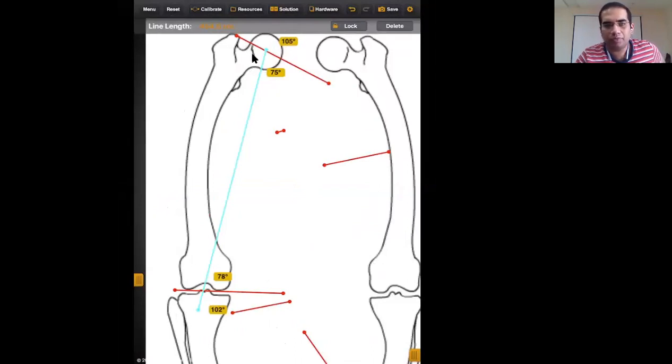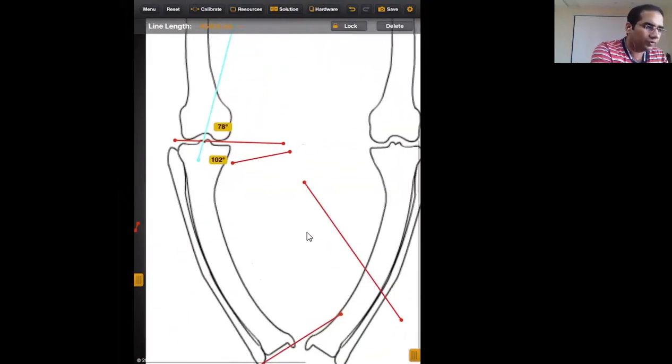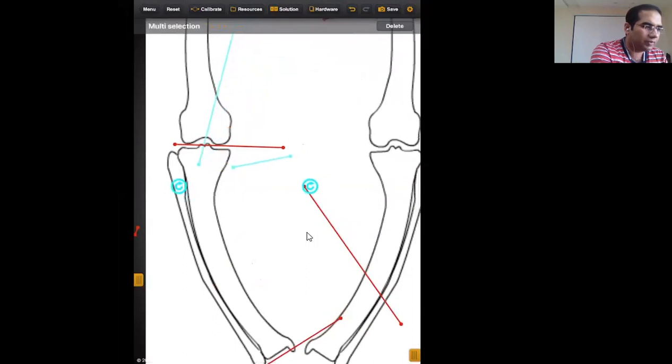Normally it should be 90 degrees, and the lateral distal femoral angle is 102 degrees when the normal is 88 degrees. So both of these angles are abnormal. We will do the same measurement in our tibia.